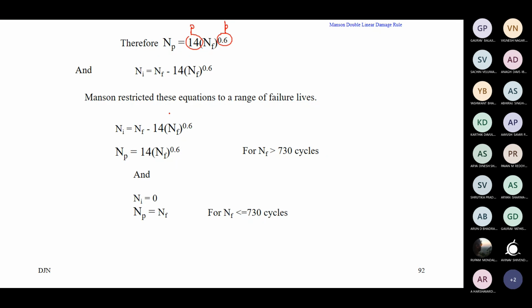But there is one clause when we can take this crack propagation term: only if the total number of cycles is greater than 730, then only you can use this equation. If the total number of cycles is less than or equal to 730, then whatever number of cycles there are is only propagation life. You have to by default assume N_P as 730.